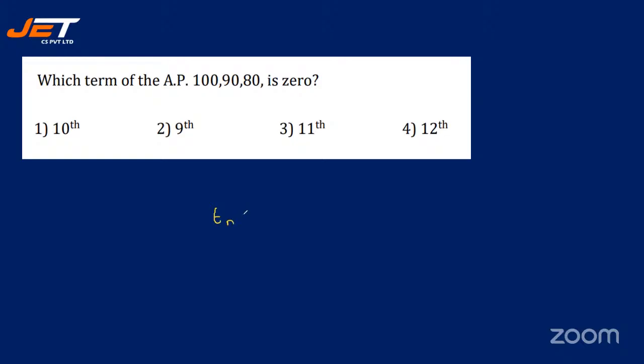We have Tn is equal to a plus n minus 1 into d. Let's try with T11. 100 plus 11 minus 1 is 10 into d. Yes, your d is minus 10. So 100 minus 100 is 0.